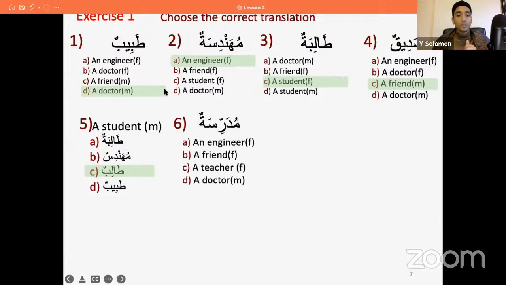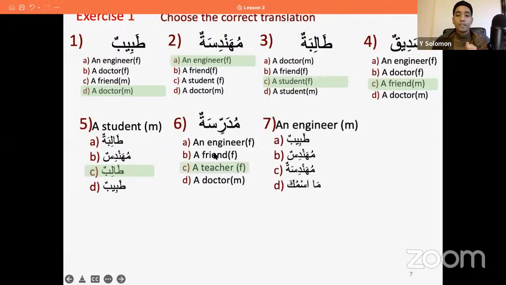Okay, how about mudarrisatun? Is that a female engineer? Is it a female friend? A female teacher? We're getting some mixed answers here. Those who are saying it's an engineer, have another look. Those who say it's a friend, have another look. Mudarrisatun. That's correct. Majority on female teacher.